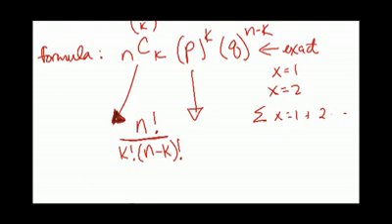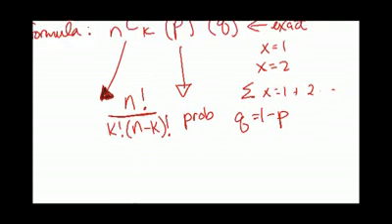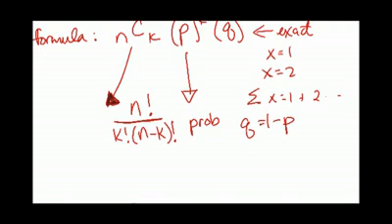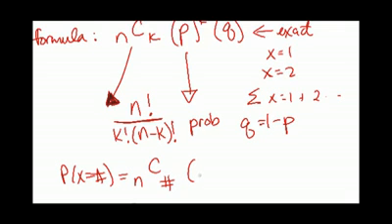p is usually given, it's the probability of doing something, and then q is 1 minus p. And what you'll do is, for the probability of X equals a number, you'll have the total group number here, and whatever the probability they gave you was, some decimal, raised to the number, and then it'll be q raised to the total minus the subgroup number.